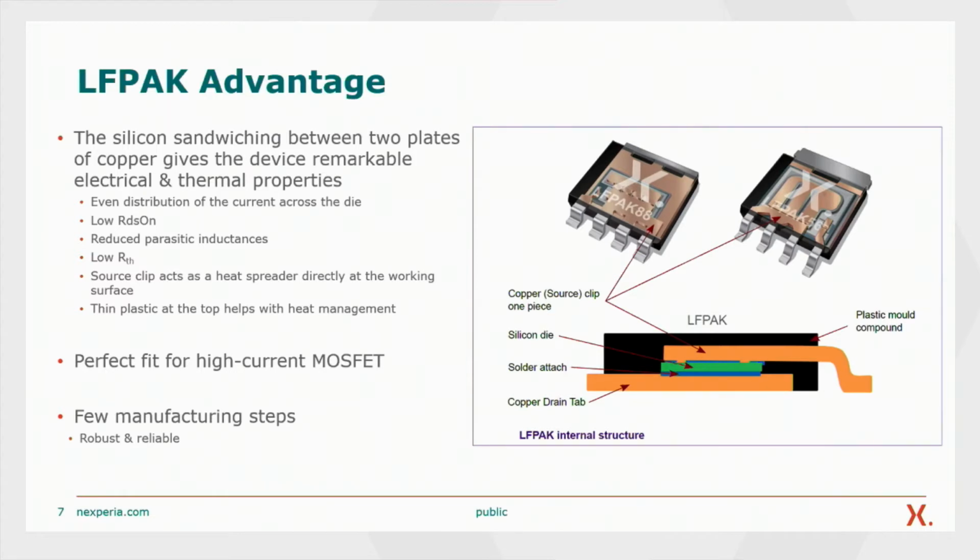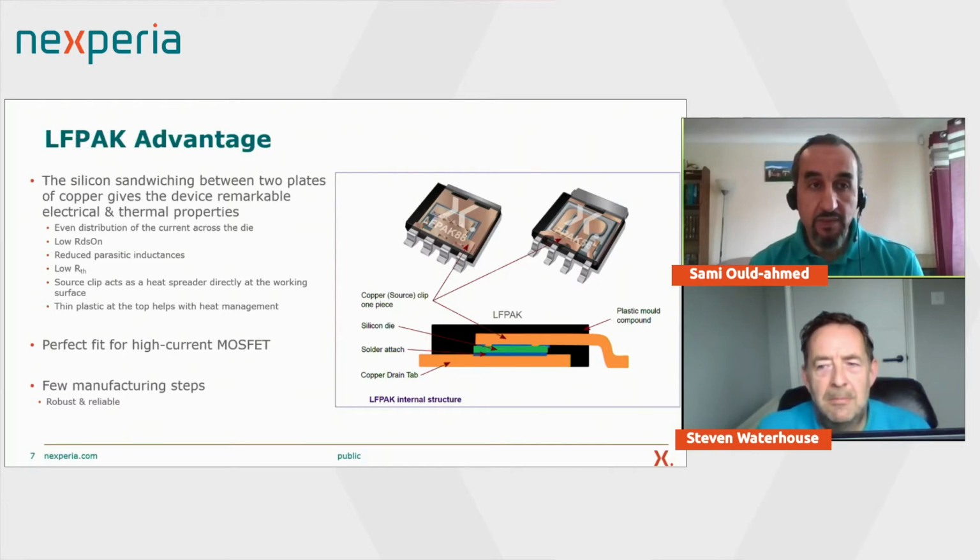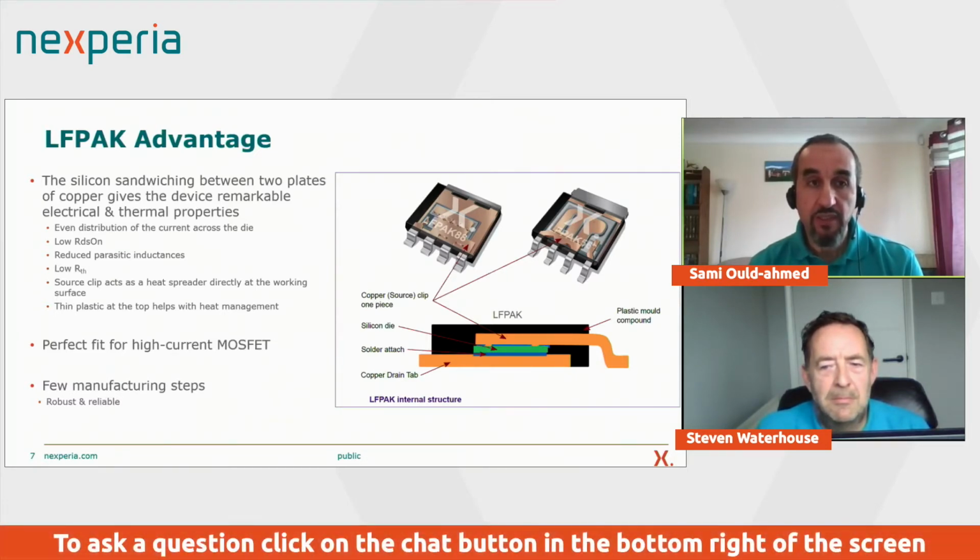The advantage of the source clip and the drain tab being two pieces of copper where the silicon is sandwiched in between is that it gives this nice uniform current share or current spread. It achieves low RDS(on). It reduces the parasitics, especially inductances. It provides a very low thermal resistance, which is a direct contributor to achieving high currents.